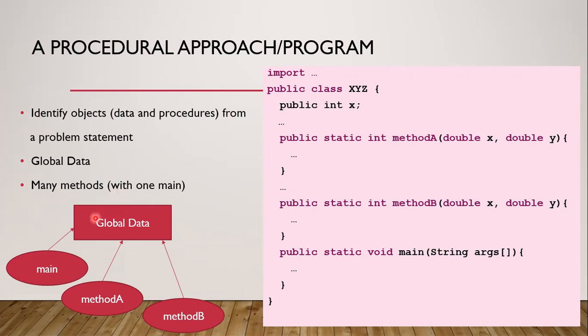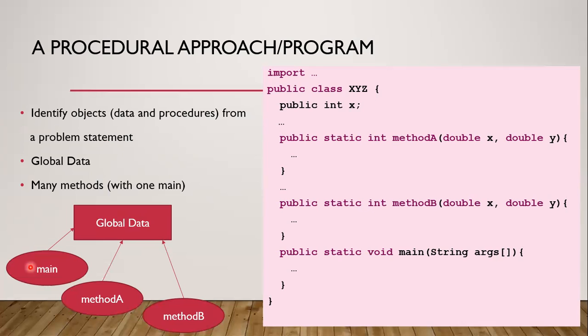Now in this design and development approach, the data becomes the global data, and all the others are procedures, functions. There are many names for this: function, procedure, subprogram, subroutine, they all actually mean the same thing. So the generic word would be subprogram.